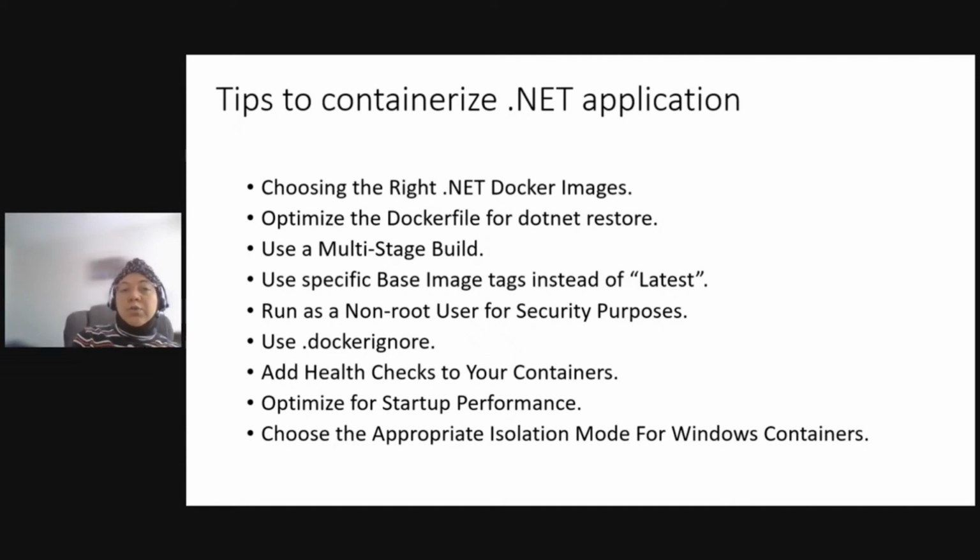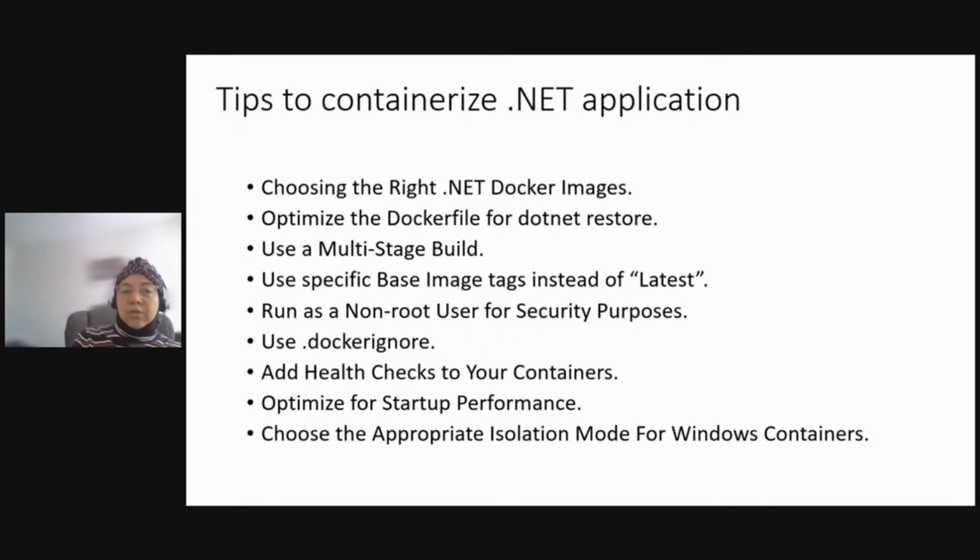I recommend using multi-stage builds. Don't specify latest. I know that sometimes you'd like to use latest to always get the latest version of your .NET framework, like 7, and recently we have 8 in preview mode. But I recommend always using a specific version: 7, 6, 8, whatever.